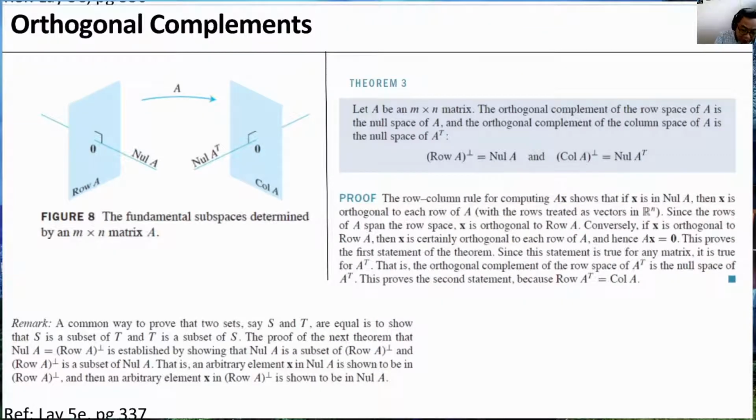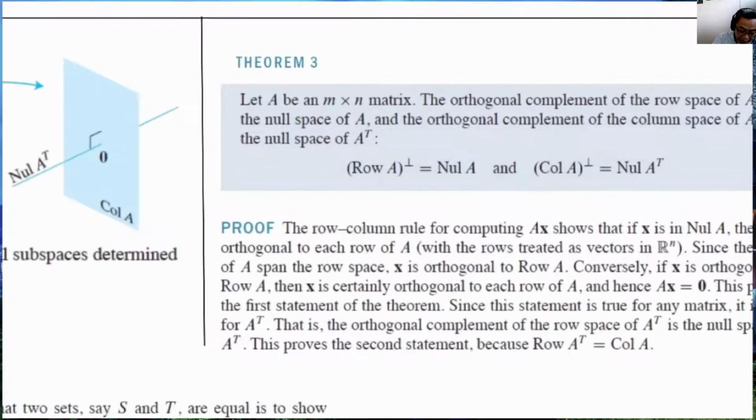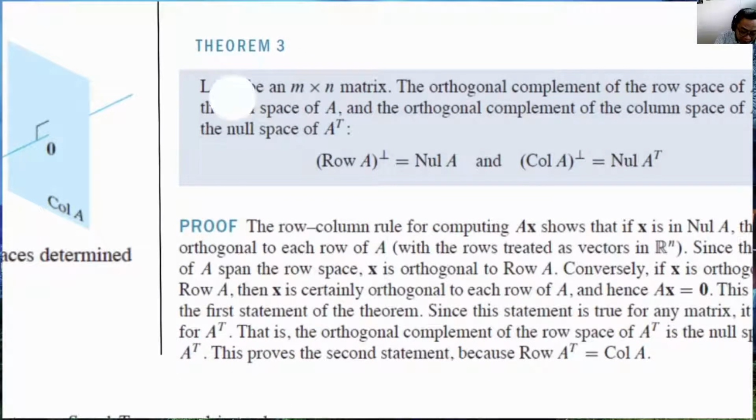We will now use our understanding of the orthogonal complement in the matrix A, using it in the example of null space and row space. Specifically, if we have a matrix A that is dimension m by n, let us try a 3 by 2 matrix first: 1, 1, 2, 2, 3, 3 as a simple example.